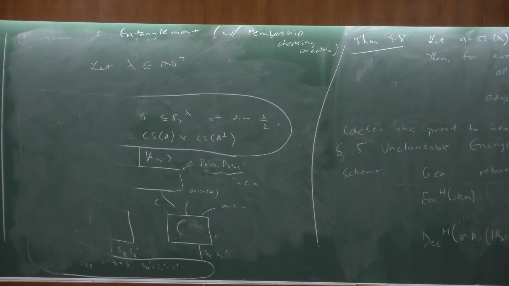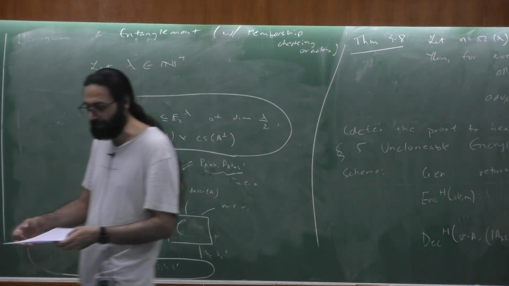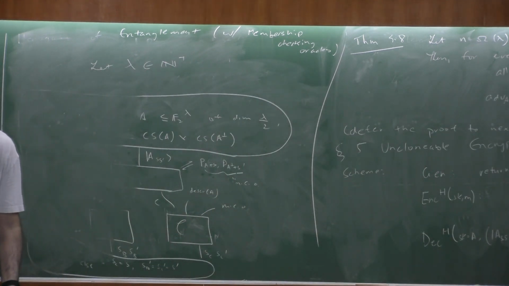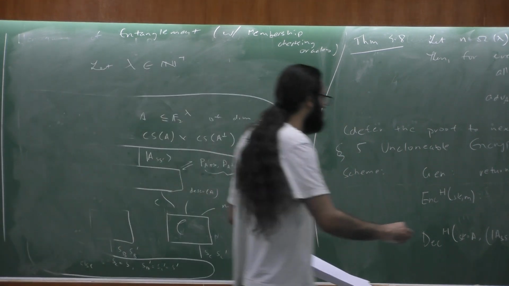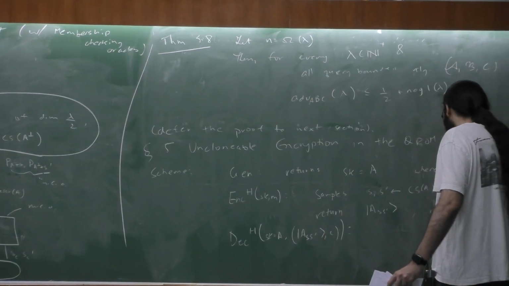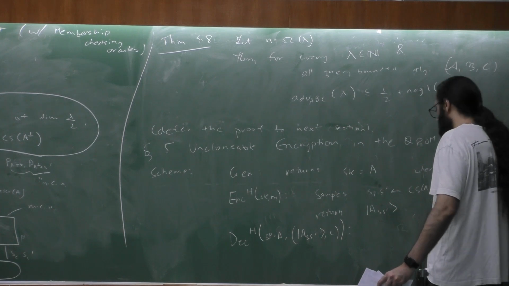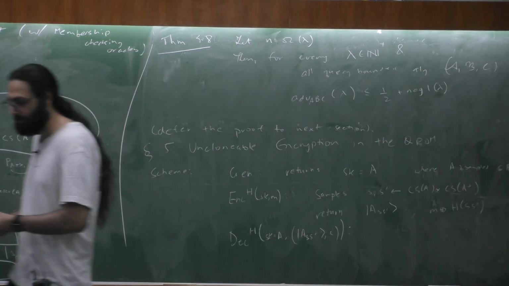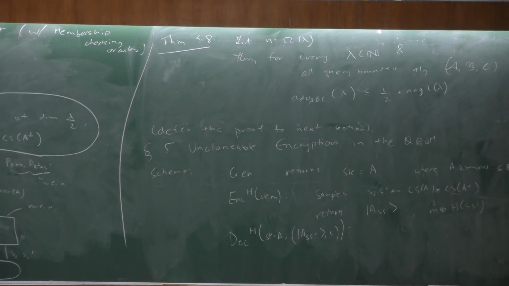Then we're in good shape. Where's the message? I don't think I wrote the complete encryption. Sorry, I messed up, I forgot to write the XOR. You're also sending M XORed with H of S, S prime.